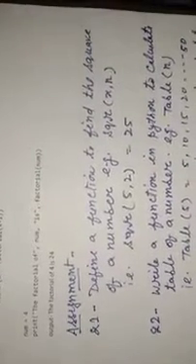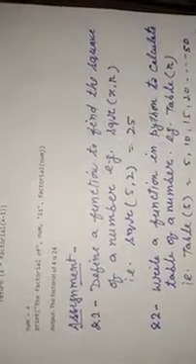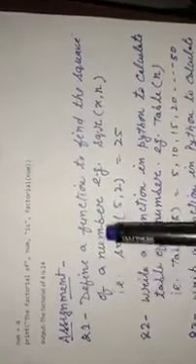Now I have given 3 assignments to you, so please complete them and post your answers in the WhatsApp group. The first assignment is to define a function to find the power of a number.